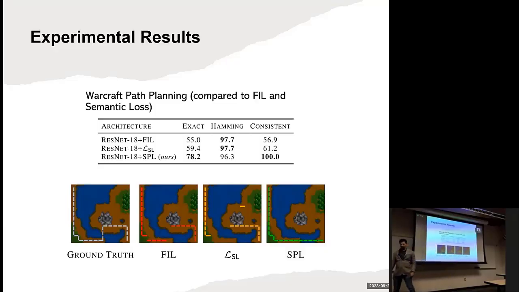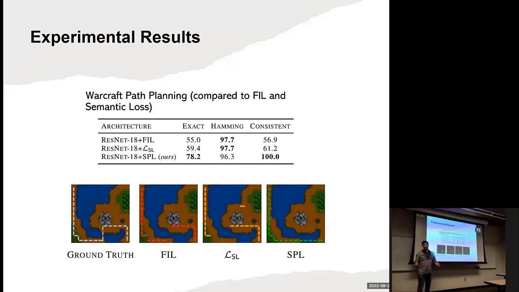And so when you see the results up top, this one trivially gets 100% on consistency. And that's just because it has to. It's just designed that way. It can't violate those constraints. The other thing interesting too, and this comes up in this paper a lot, is exact match versus Hamming distance. The Hamming distance basically gives credit for partial solutions.